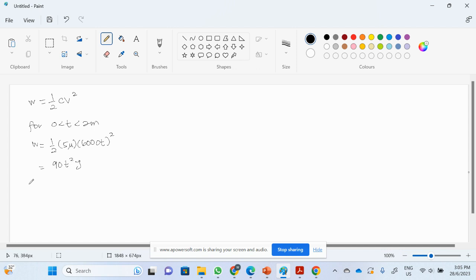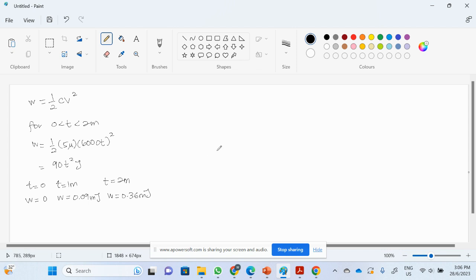You can substitute T equals 0, W will be 0. T equals 1 milli, W will be 0.09 millijoule. T equals 2 milli, W is 0.36 millijoule.